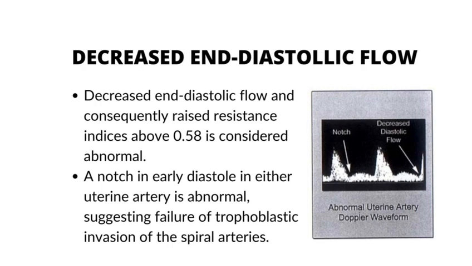Decreased end-diastolic flow and consequently raised resistance indices above 0.58 is considered abnormal. A notch in early diastole in either uterine artery is abnormal, suggesting failure of trophoblastic invasion of spiral arteries.